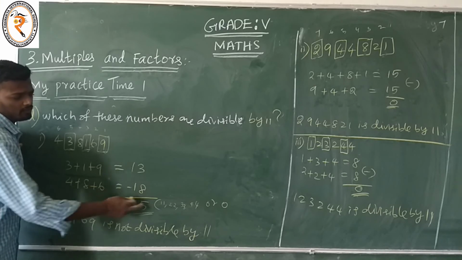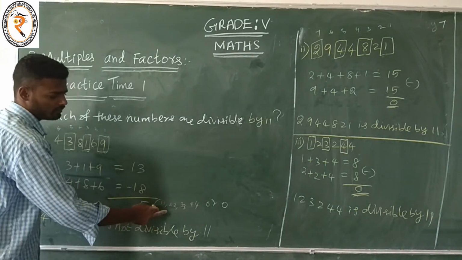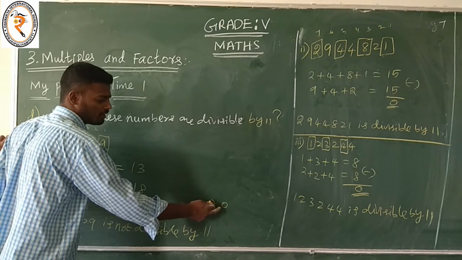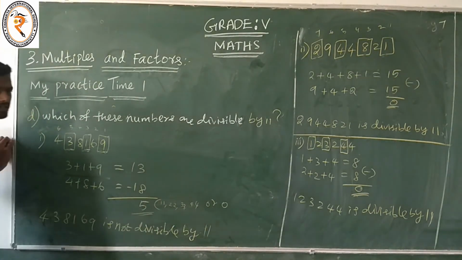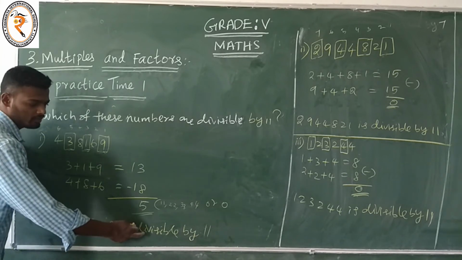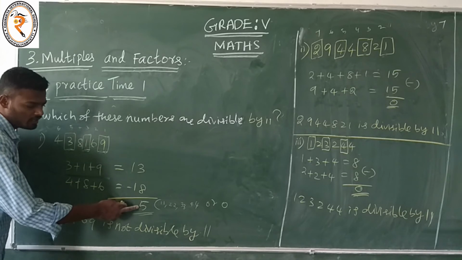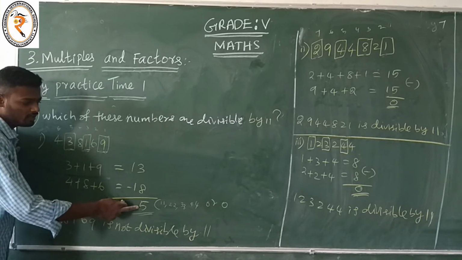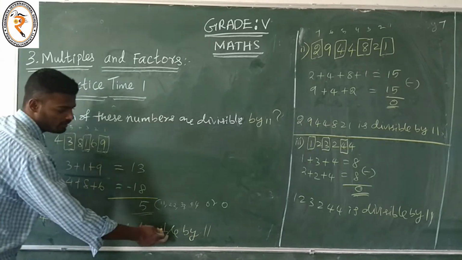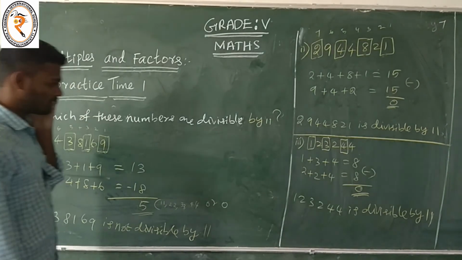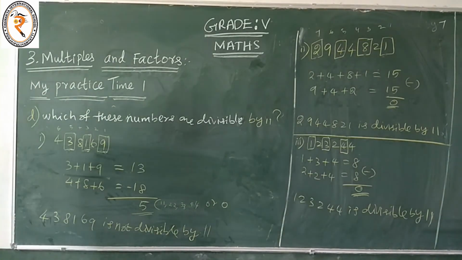Any other number means not divisible by 11. So 5 is not a multiple of 11 and not equal to 0, therefore not divisible by 11. Next one, homework part.